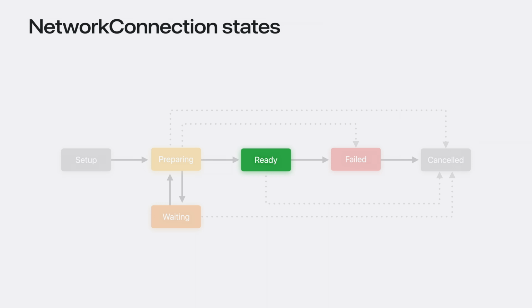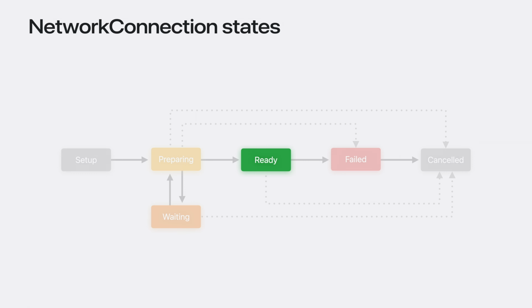If there is no connectivity, the connection will instead go from preparing into a waiting state. When Network Framework detects that network conditions have changed, it will go back to preparing while it tries to connect to the remote endpoint. When your connection state becomes ready, it can send and receive data.